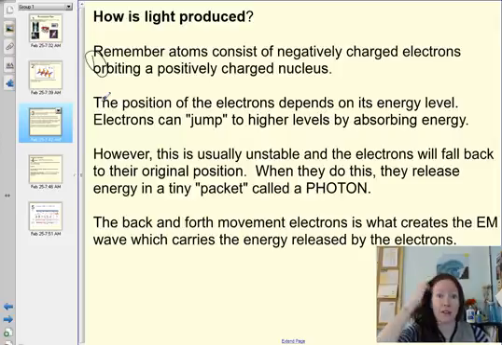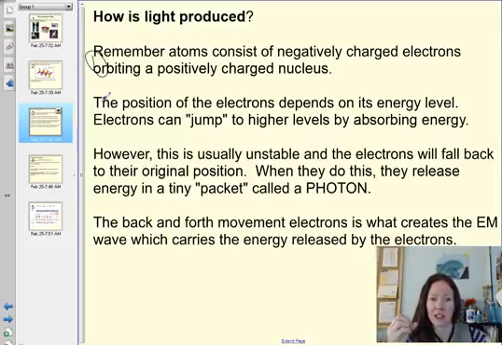So remember that a wave is caused by some sort of disturbance, right? And so we just need a little bit of charge or an excitement to get these electrons to move to the next level. Unfortunately, this is not a stable state for the electron, and so they will fall back down to the other level. Well, something has to happen to that energy, right?